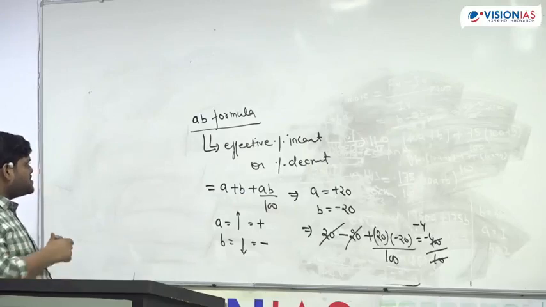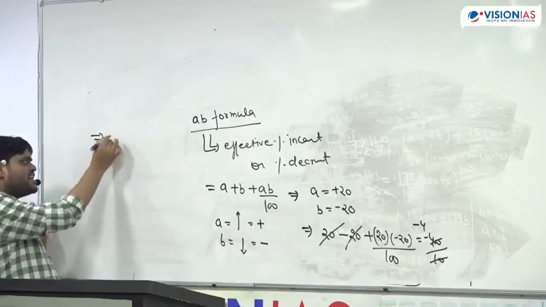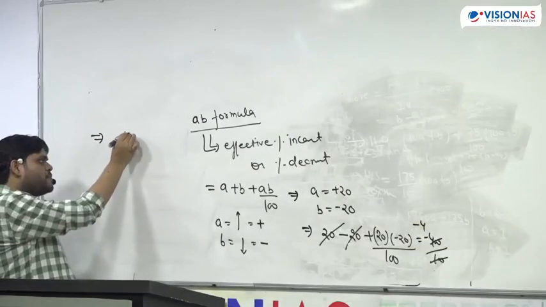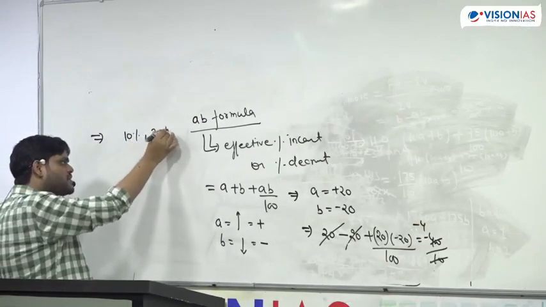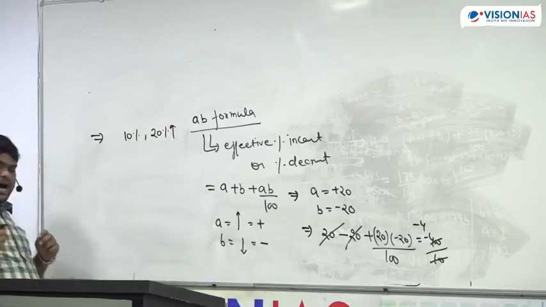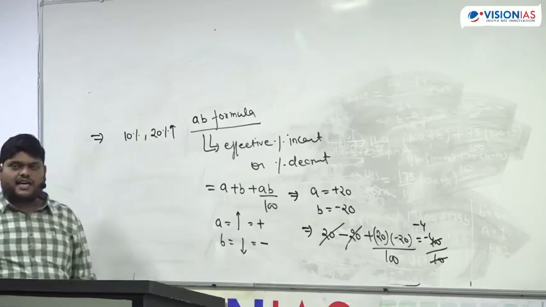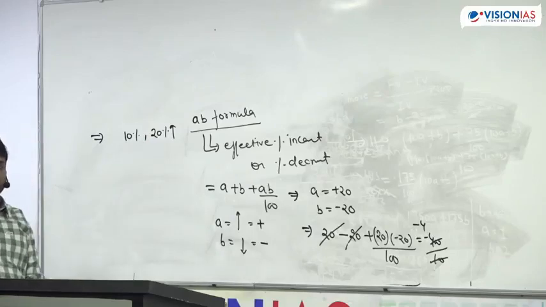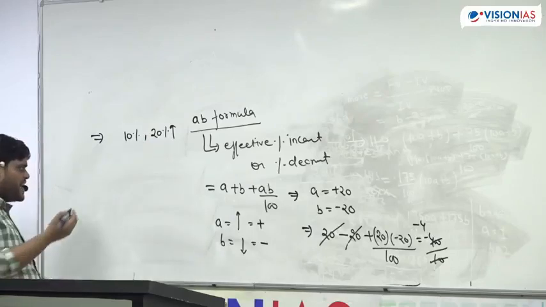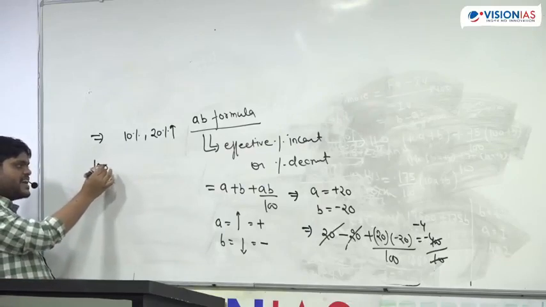Suppose the question is: a number is increased by 10%, then again increased by 20%. Find the percent of increment. One way is to take the number as 100.